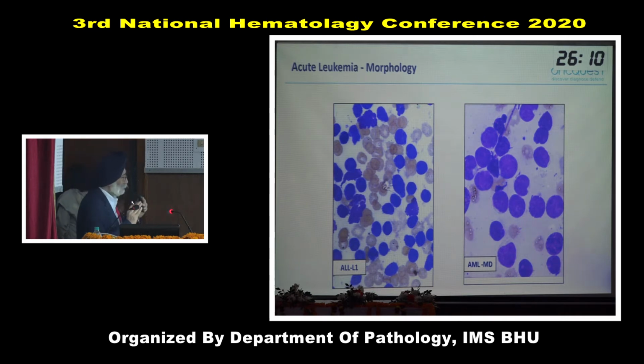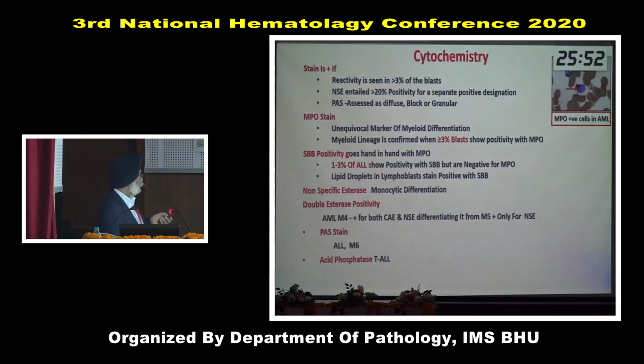So the first thing is morphology. Here it is ALL, and on this side is the AML. What you find is the chromatin is more open than in a case of ALL. Nucleoli are more prominent in AML than in ALL, but these are broad features. What is more important is cytochemistry. Of the cytochemistry, the most important stain is MPO, myeloperoxidase.